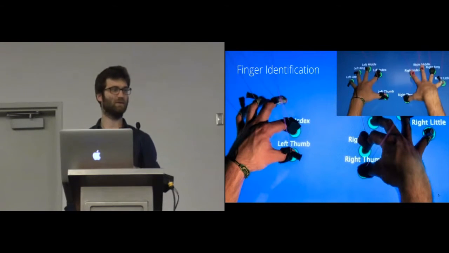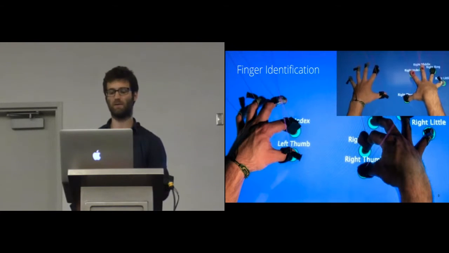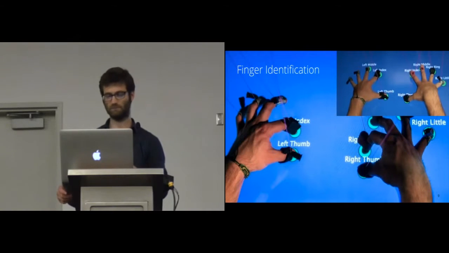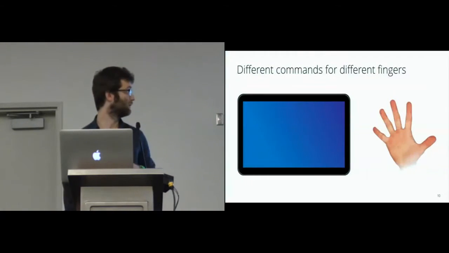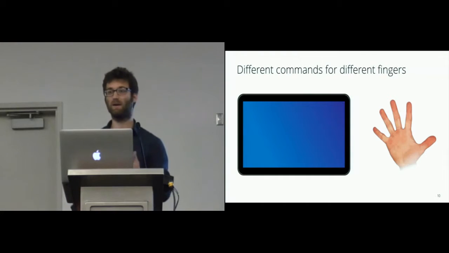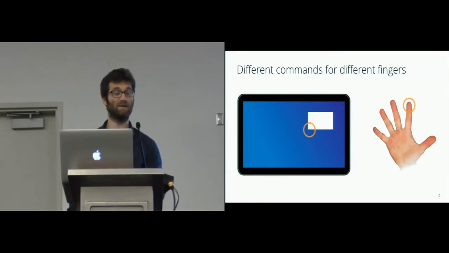The technology is not yet mature, but work has been done to explore what kind of interaction we can do with this information. A simple example would be mapping different commands to different fingers. For instance, drawing a rectangle using the index finger and drawing an ellipse with the little finger.